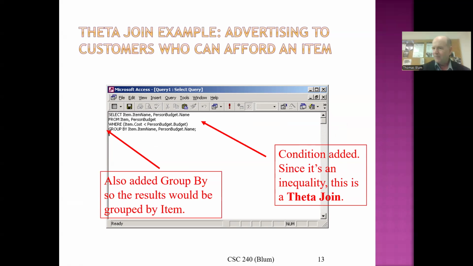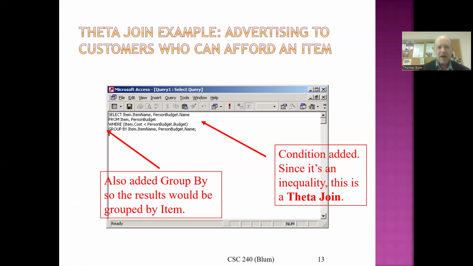So we're selecting the item name and the person and their name, and we're selecting from the table item, comma, person budget. There are two ways we can have the two tables and some where clause.